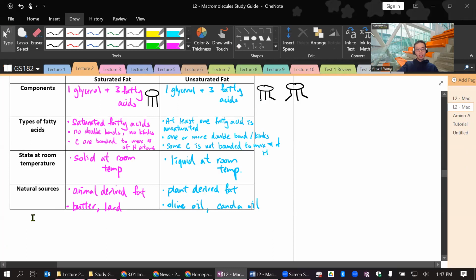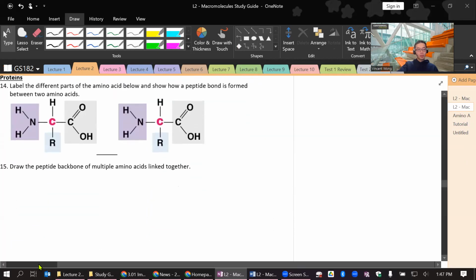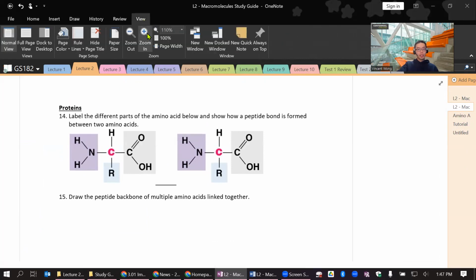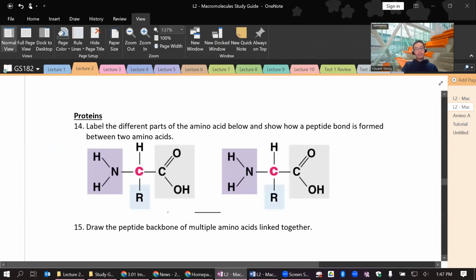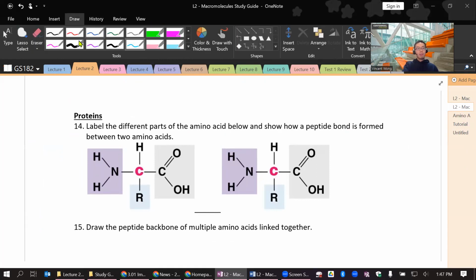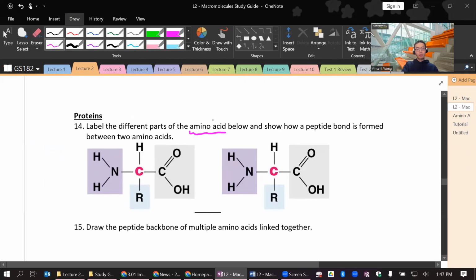Let's fill in more stuff first, and if we have time, we'll do more polls, okay? Next is proteins. So here we have an amino acid. Amino acid is the monomer for proteins. The amino acid has several key features.